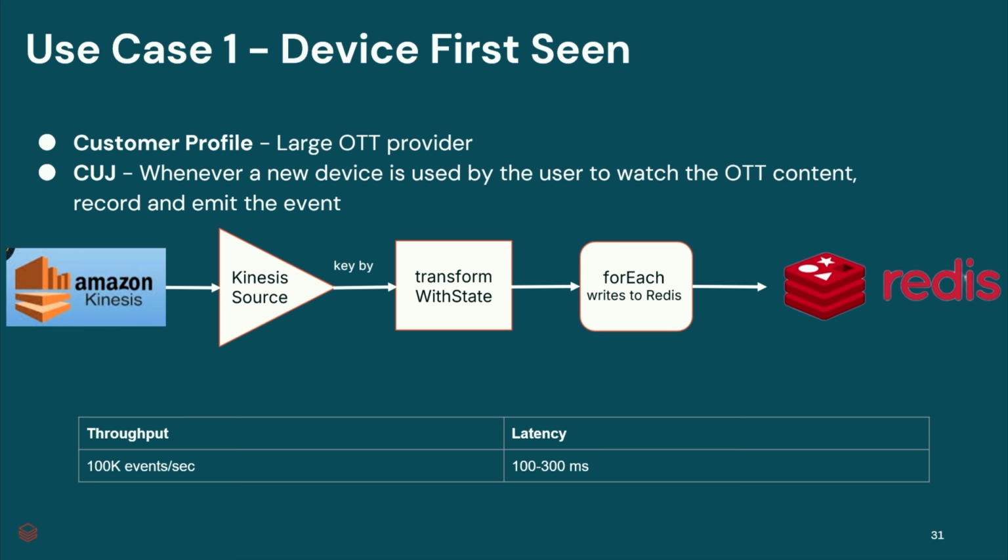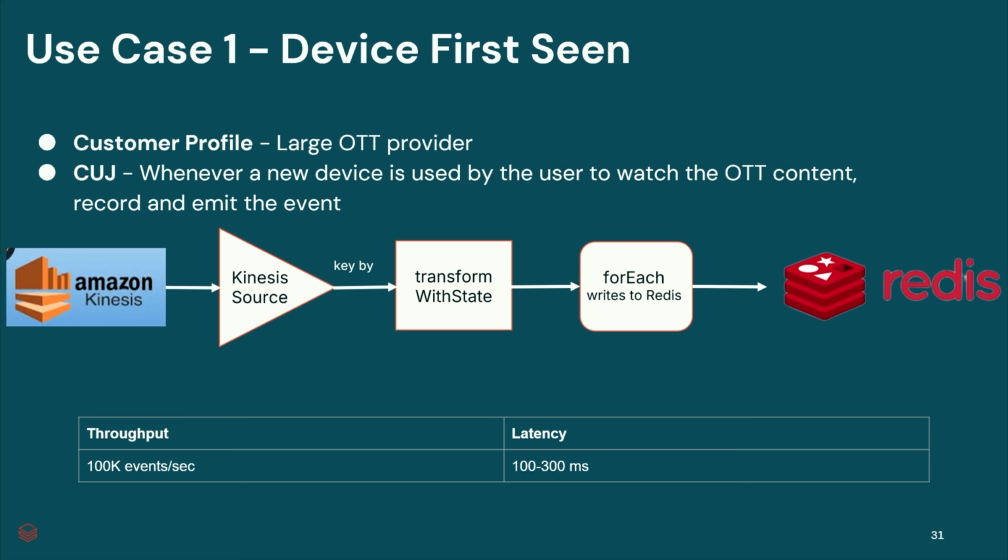They have a pipeline with data coming in from Kinesis, and we're reading that with a query running in real-time mode. It also uses the transformWithState operator to keep track of what is the first device this user has used to watch the content of this OTT provider.